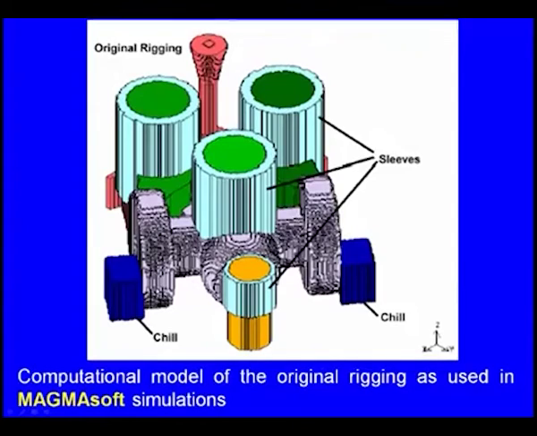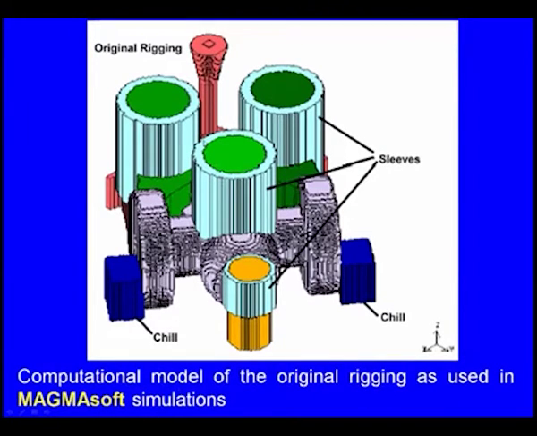Though it has several components, one component is the design of the razoring and gating. So, using MagmaSoft we can design the razoring and gating, and this is an example. This is the computational model of the original rigging as used in the MagmaSoft simulation.